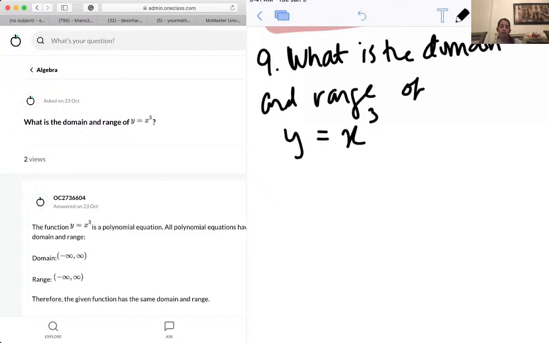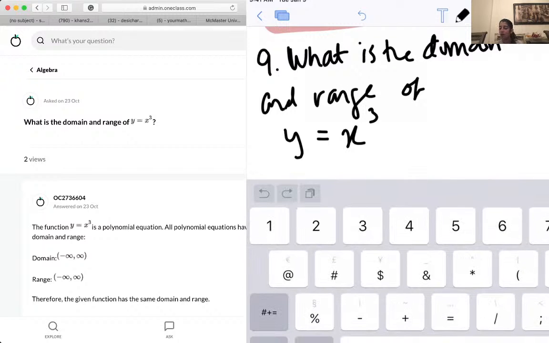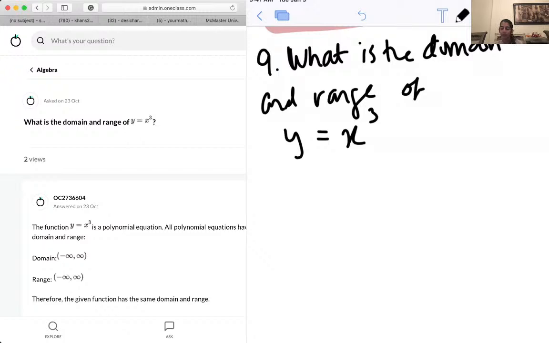So, domain is any possible values of x that work for a function, and range is all the possible y values that come from those given x values. Basically, domain and range is another way of asking if there are any restrictions on the function, meaning is there any point in the function where the graph doesn't hit that coordinate or go there.